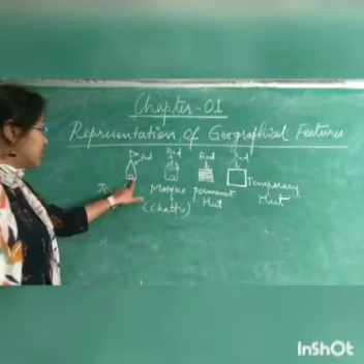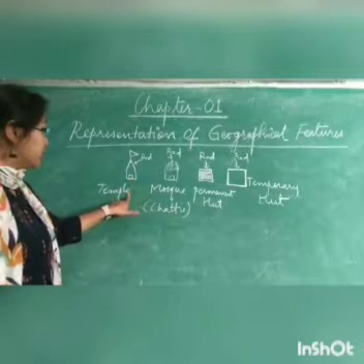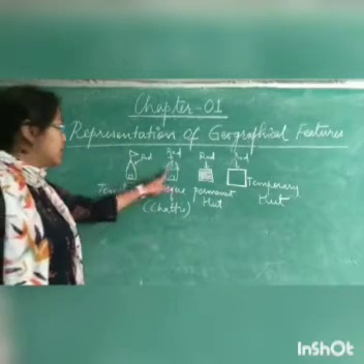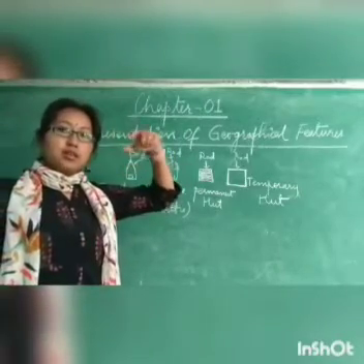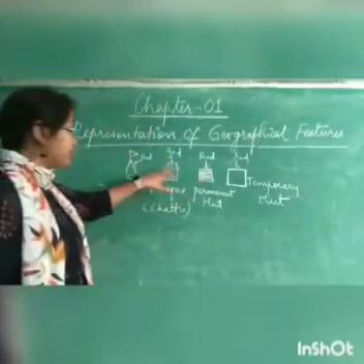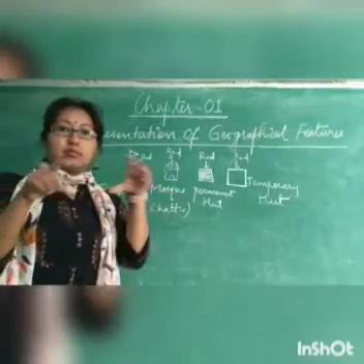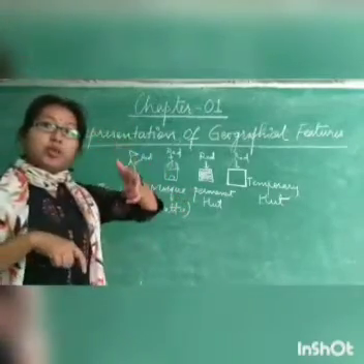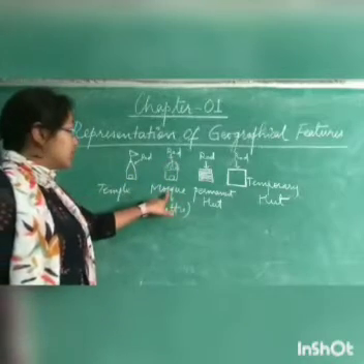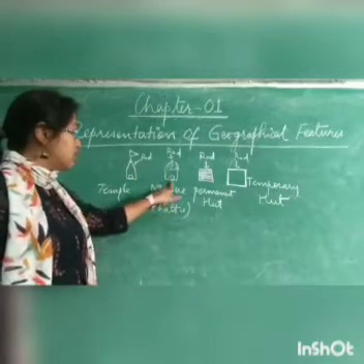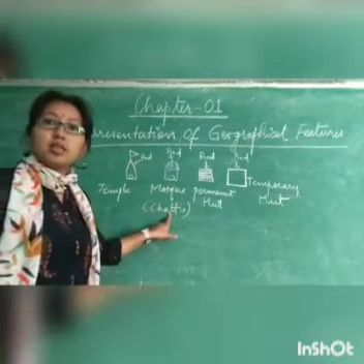This is the symbol of a temple. This is a mosque. Generally it has a dome on top, umbrella-shaped, and sometimes it is also termed chhatri, right?